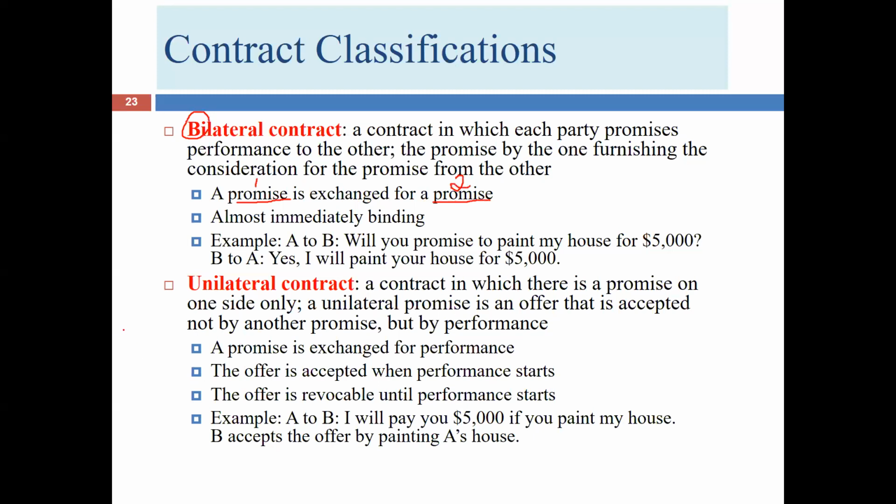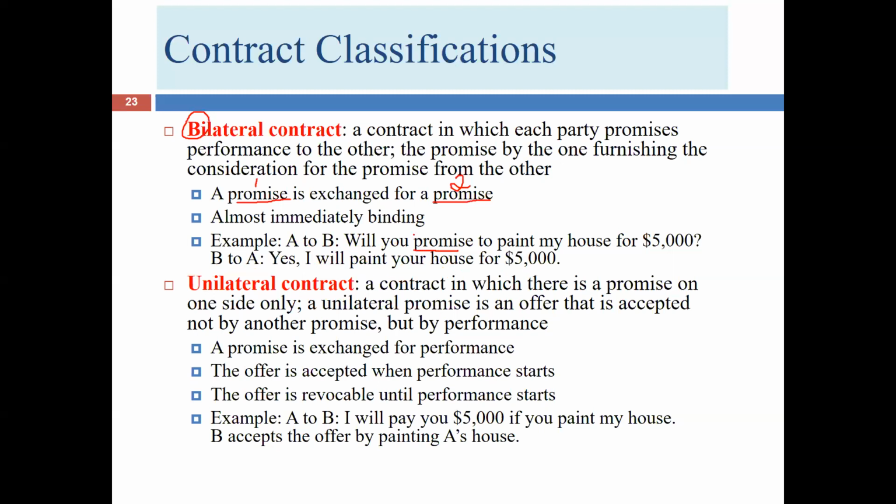So let's look at an example of this. We have two parties, A and B. We'll say this is Adam and Bob. So Adam says to Bob, will you promise to paint my house for $5,000? And B says, yes, I will paint your house for $5,000. He's not doing anything, but he's promising to do something.